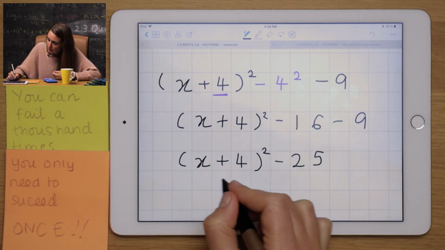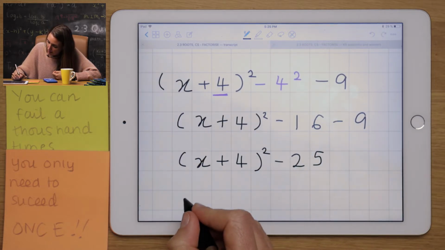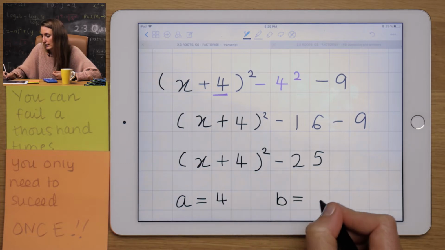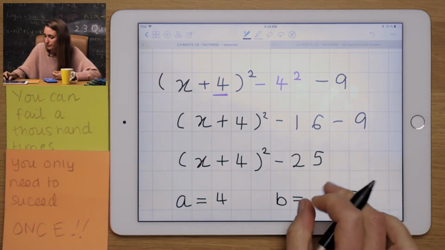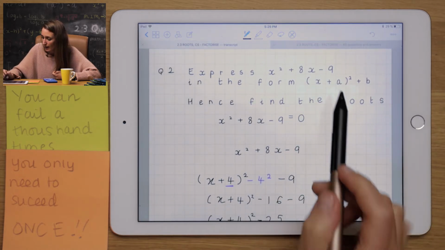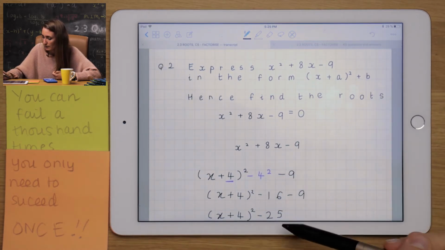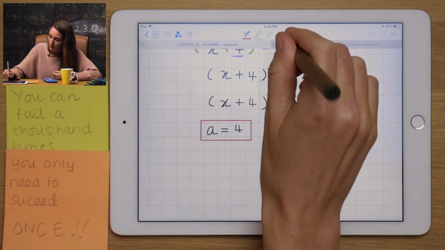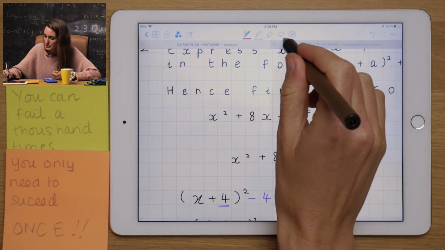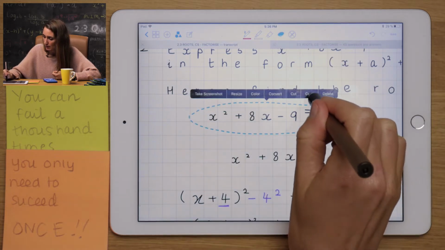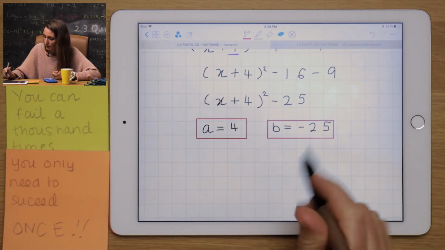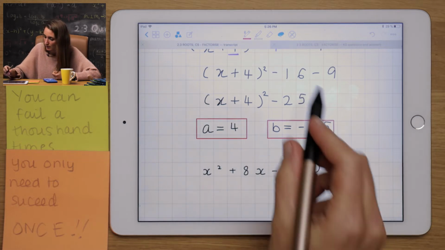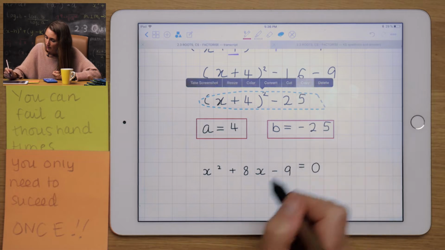And that you will see my a is 4 and my b is minus 25. Now, if I want to solve this equation equals 0, just like before, instead of using this version, I'm going to use this version.